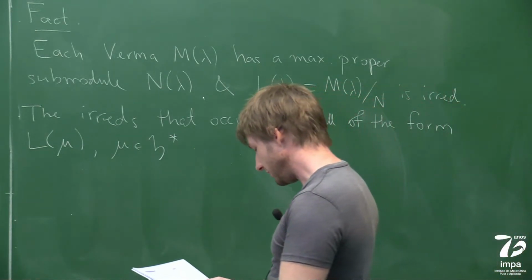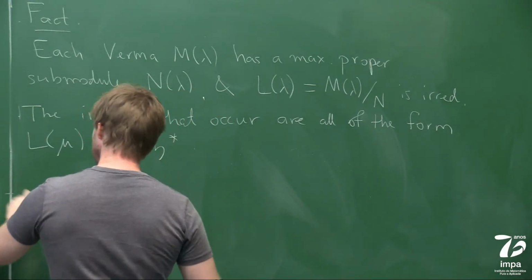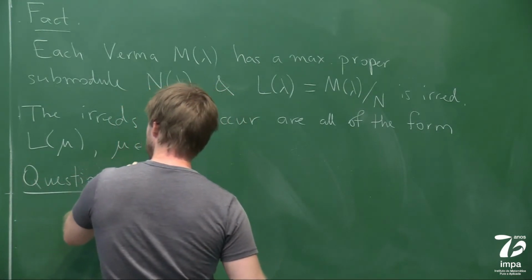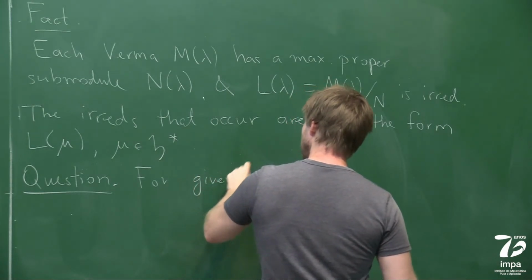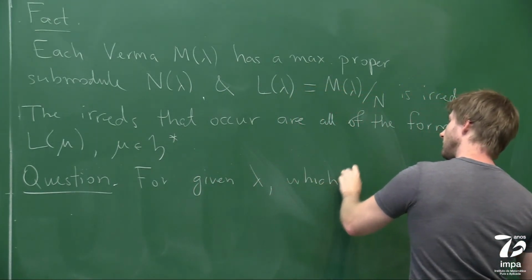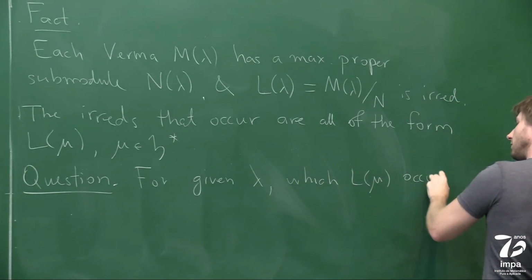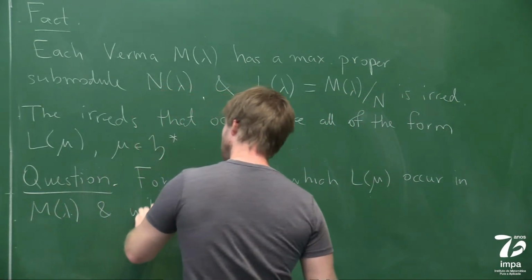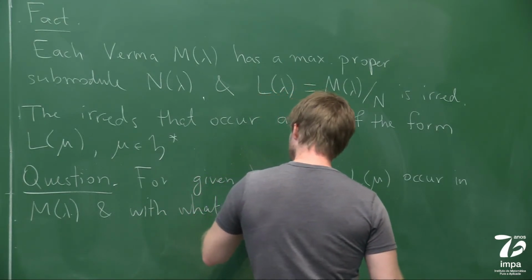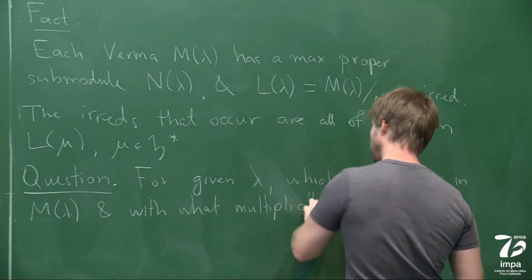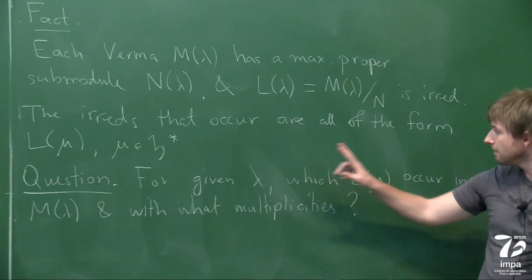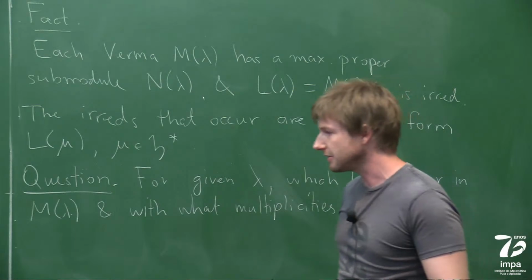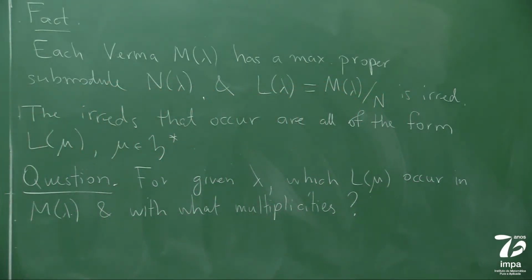So the question really then is, you fix lambda, you look at M lambda, and you ask which L mu's can occur in it with what multiplicities. This is something that just depends on these two weights, lambda and mu.